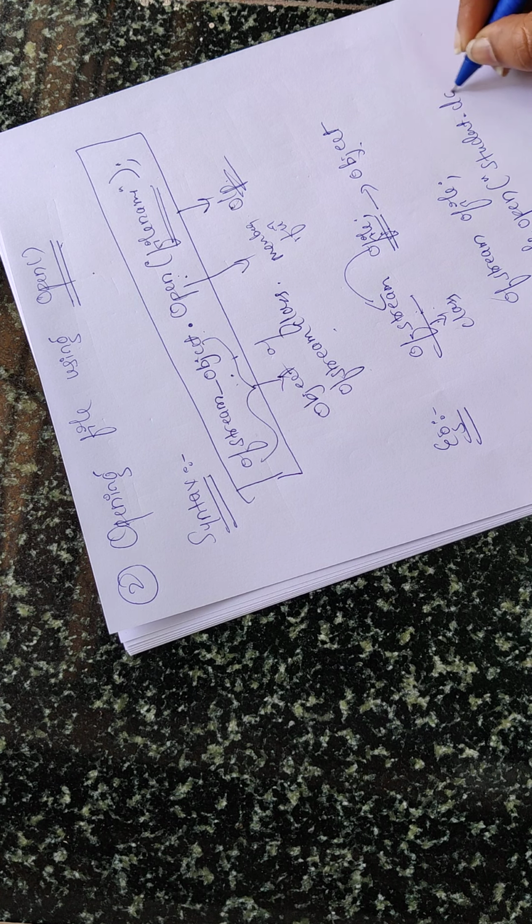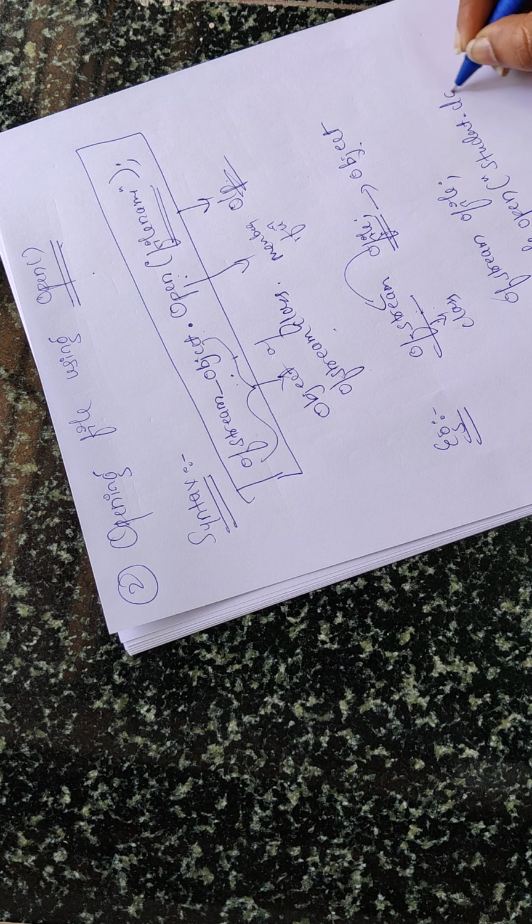So what I will do is prepare one table, in which you can see everything in one place: for what purpose we are opening a file, what the syntax is using the constructor, and what the syntax is using the open member function. So let me put everything in one table.